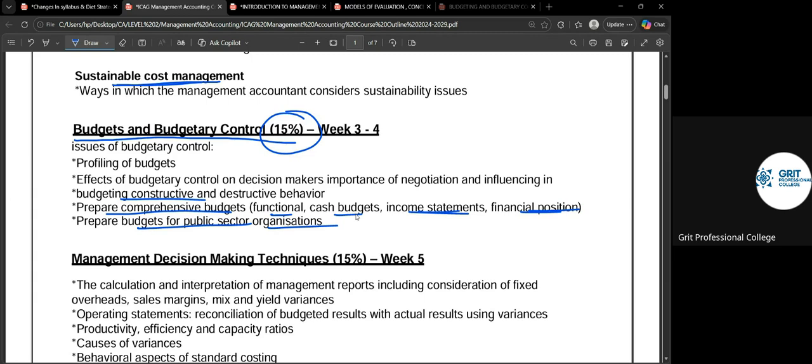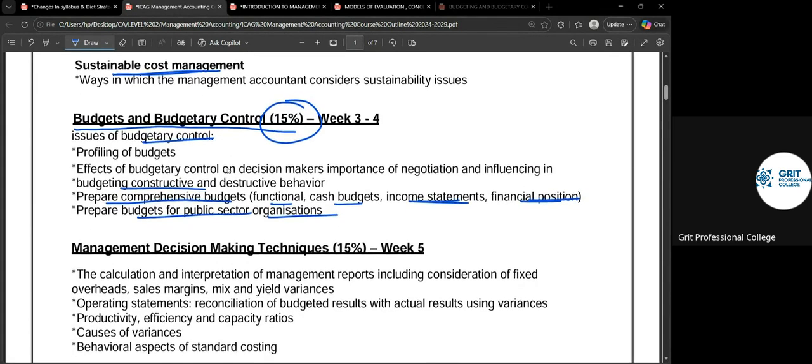And for the budgetary control side, if you look at last sitting's paper, you were asked something about preparing what we call a flex budget. The flexible budgeting aspect of the syllabus falls under budgetary control. So for 15 marks, budgets and budgetary control being tested.